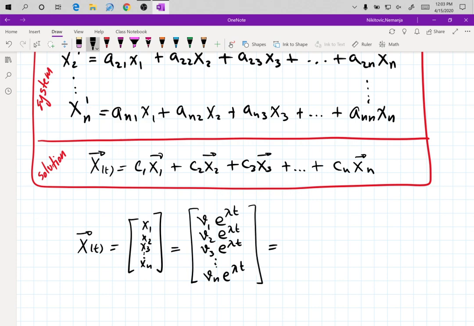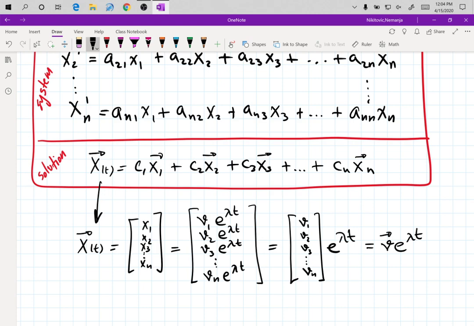And as you can see, that all creates this vector v1, v2, v3 dot dot dot vn times e to the lambda t, which is going to give me vector v e to the lambda t as a solution. So this is my solution, which is now represented in this way.